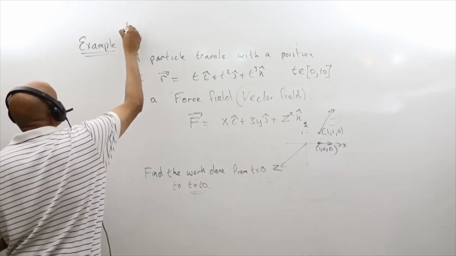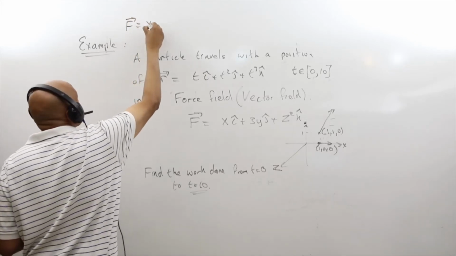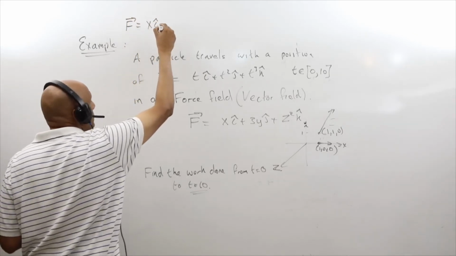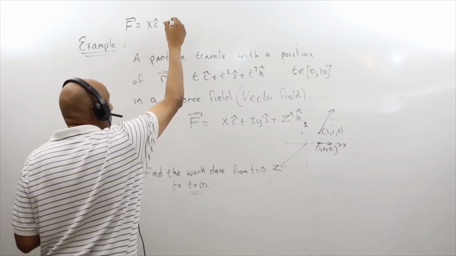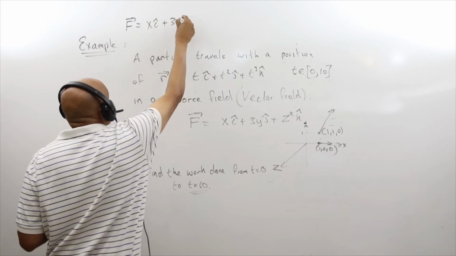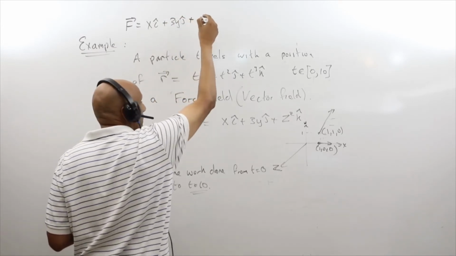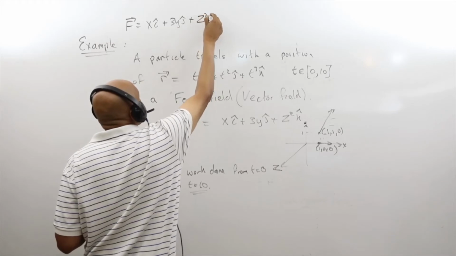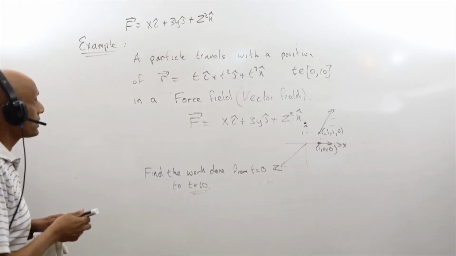So our force field is given by xi plus 3yj plus z squared k. So at every point in space, we can define a force field. It doesn't change. It's a constant force field, but the direction of the force varies, so this vector field does not change in time.